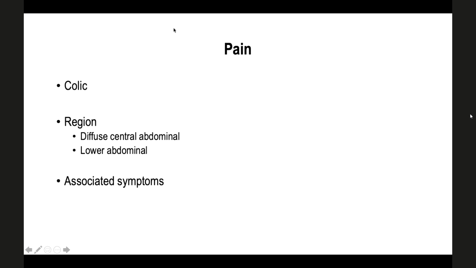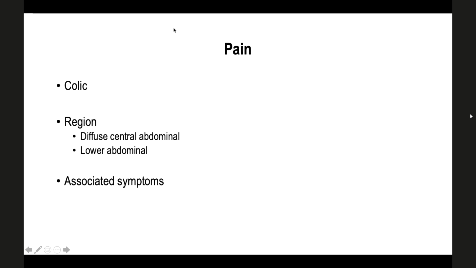Yes. So if you have a graph, on the x-axis you have pain intensity from 0 to 10, and on the y-axis you have time. How would you describe a colic? What you said is sort of right. Like a sine curve.